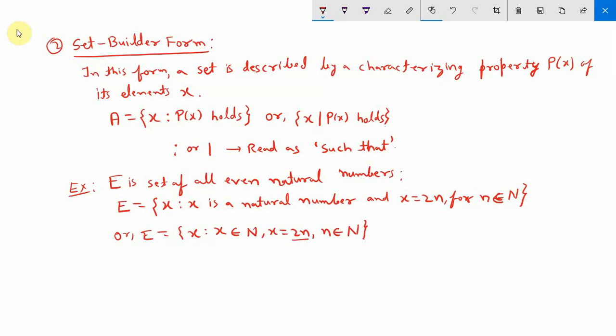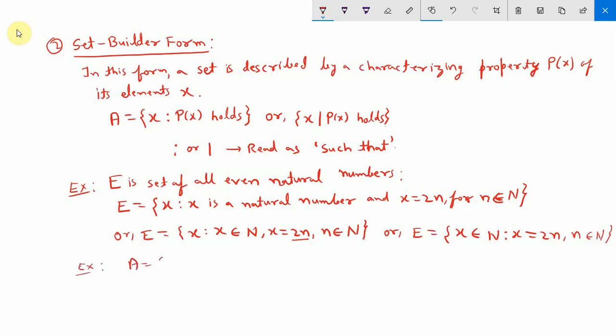Or we can also write as E equal to x is an element of N such that x equal to 2n and n is an element of N. So in this way we can write in different forms. If we want to write a roster form into a set builder form, one example is, write it.